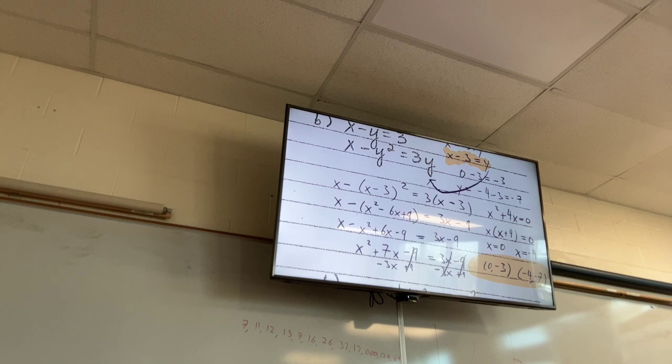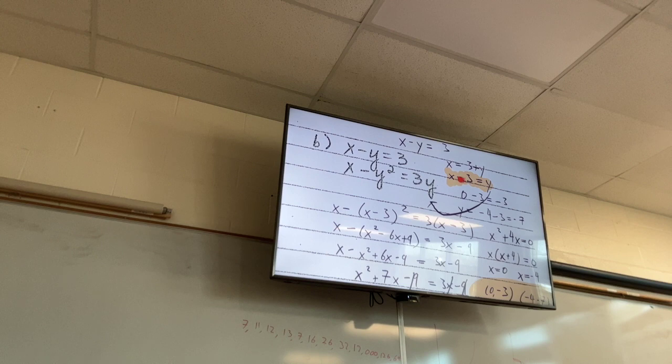Just somehow indicate that the 0 and -3 go together. Wait, how do you know that the 0 and -3 go together? So I got those two solutions for x, right? I only get -3 for y when I plug 0 into this equation. So it's like algebra 1, but a little more complicated.